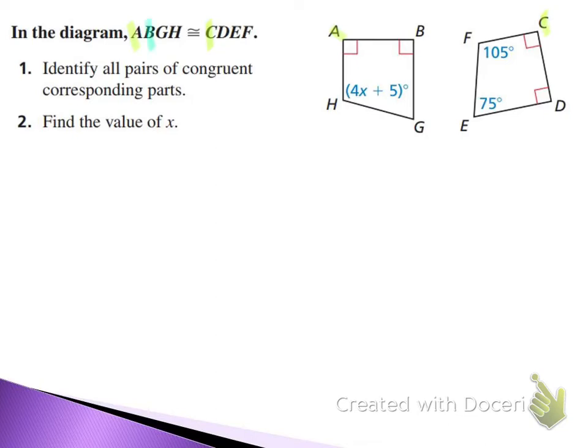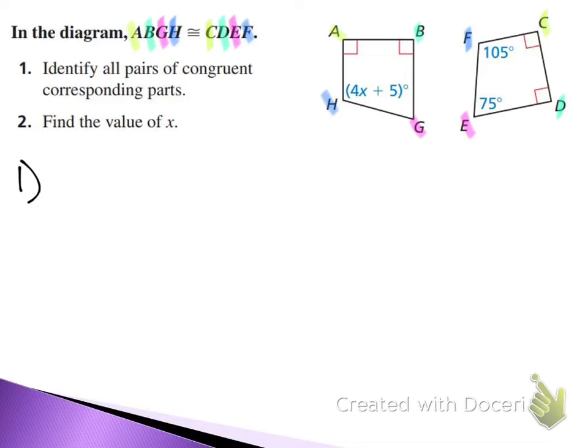B and D. G and E. And then H and F. Some people try to use their eyes, and this one especially would be more complicated just because there's two right angles. So the statement itself is enough to answer all of the questions. So we're going to use it.